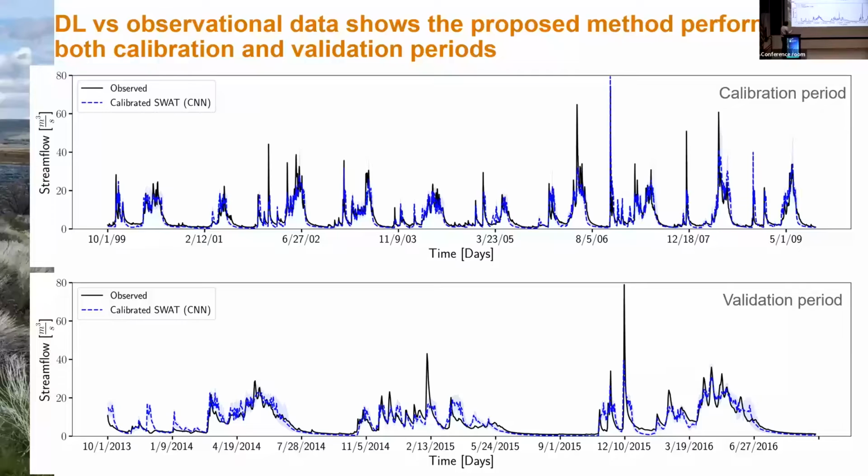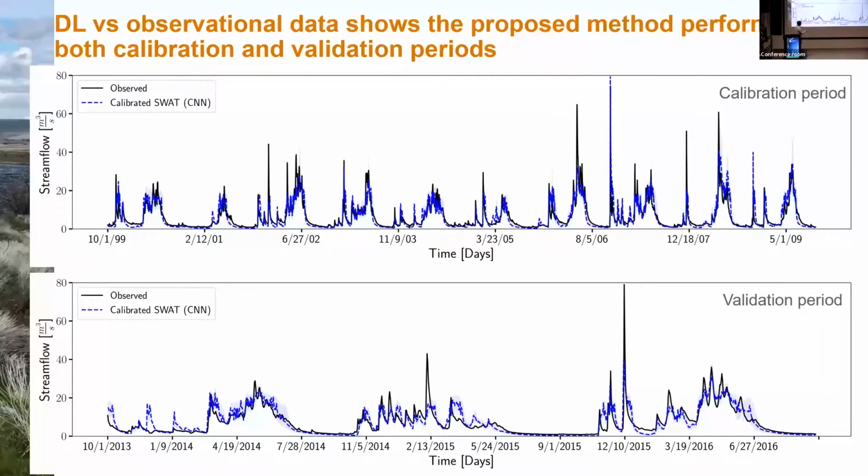It does really well against the black line, which is observed data, both in the calibration period, which is a 3-year period, and the validation period, which is a 10-year period, which is not even seen by this ML model. So this instills confidence that the AI-enabled MODEX approach gives us a better way to estimate watershed model parameters in a nice and efficient way.